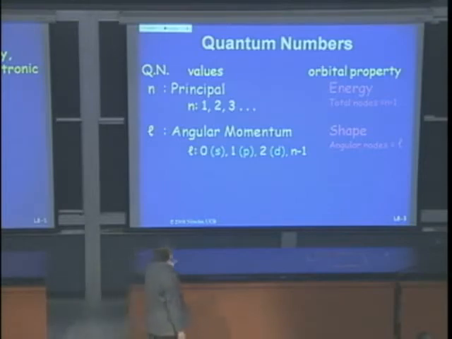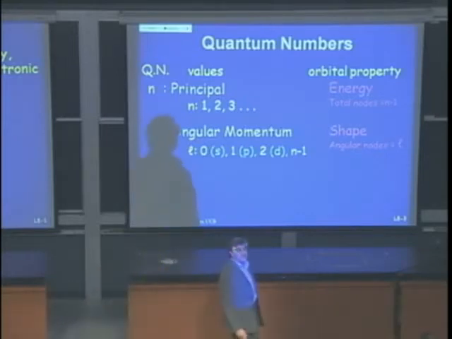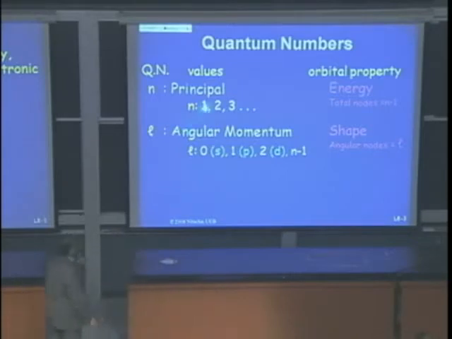Now, let's see, if we have n equals 3, and we have a 3s orbital, how many nodes do we have? 2 nodes. Are they angular or radial? Radial, okay. But you can also have, if n equals 3, a p orbital, okay.